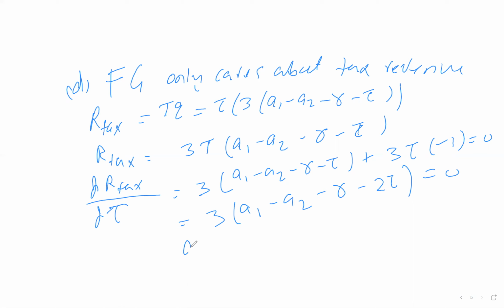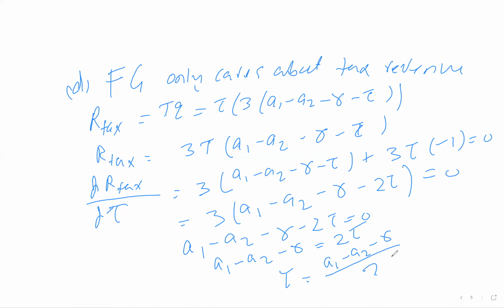Let's do some further simplification. A1 minus A2 minus gamma minus 2 tau is equal to 0. And bring the tau to the other side. So A1 minus A2 minus gamma is equal to 2 tau, and tau is equal to (A1 minus A2 minus gamma) over 2.